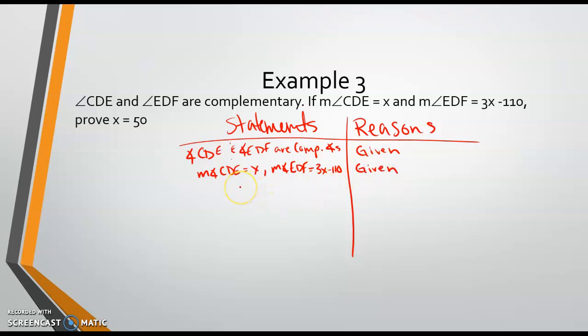Now, from here, I'm going to take what I know. First off, knowing what I know about complementary angles, I know that the measure of angle CDE plus the measure of angle EDF equals 90 degrees. I know that because of the definition of complementary angles.